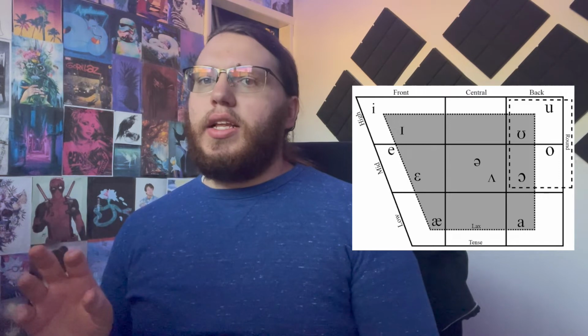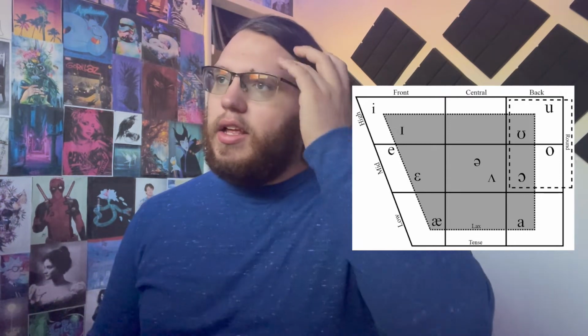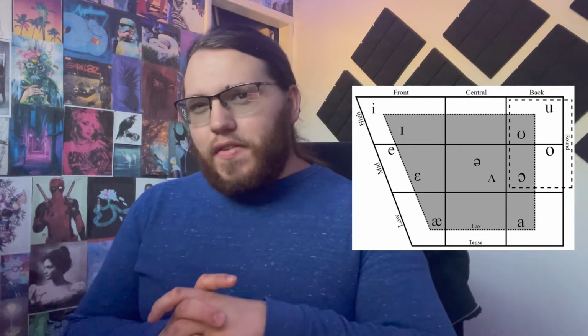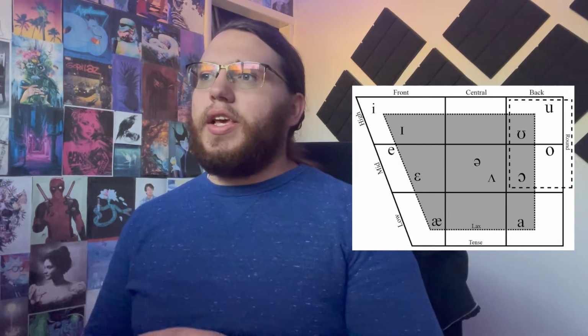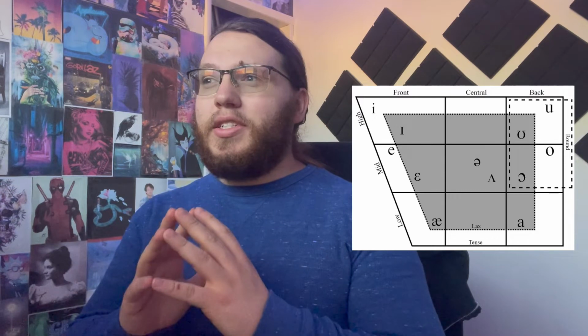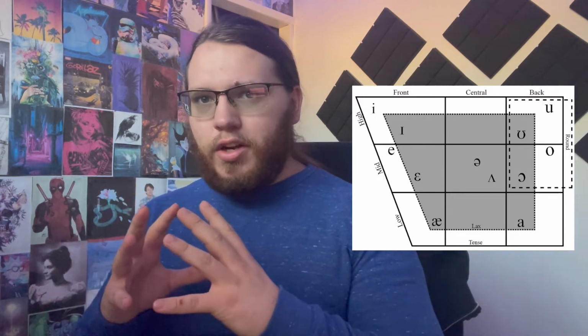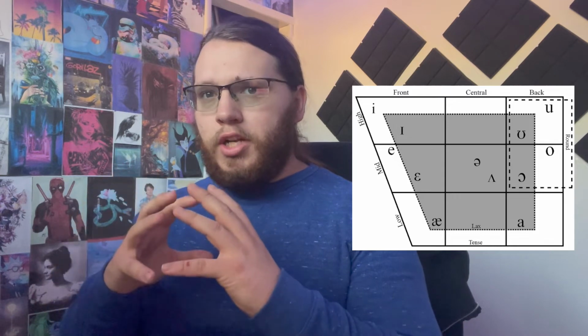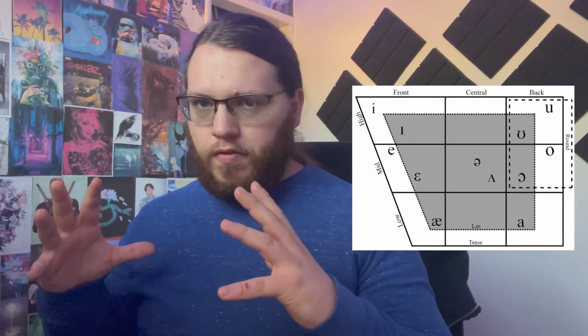Another feature of vowels that is important to note is tenseness or laxness. This is a feature that's very hard to define, but essentially some pairings seem to have a periphery difference, where you have one which is more central and one which is more peripheral.